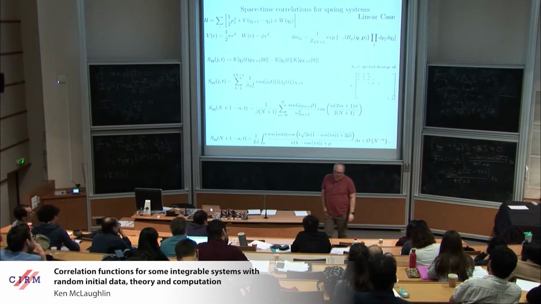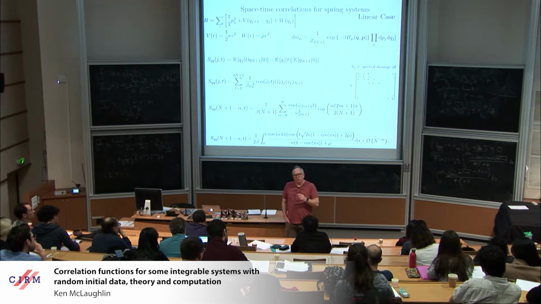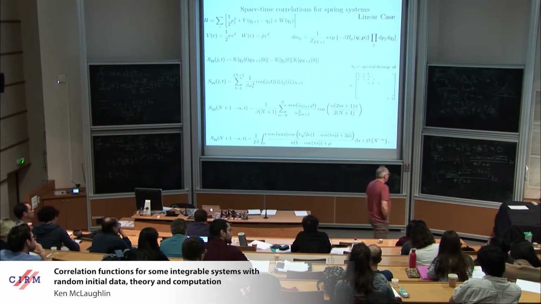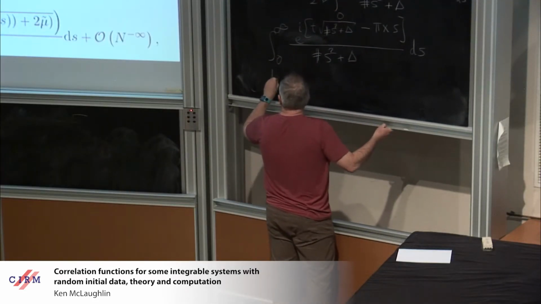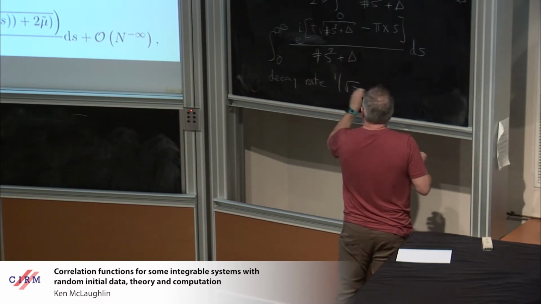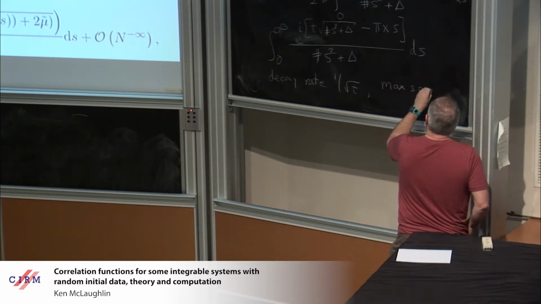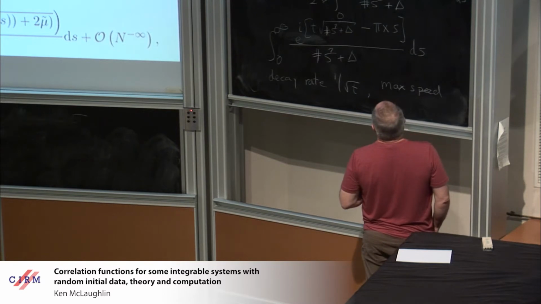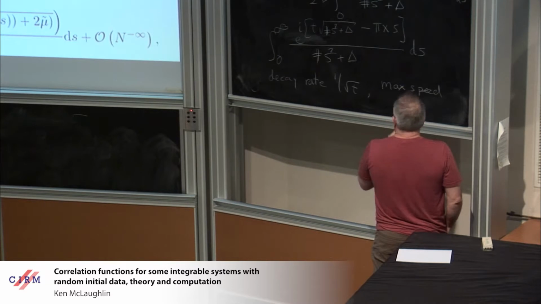So steepest descent method applied to this integral shows decay of rate 1 over square root of t. And it shows a propagation speed and sort of a maximum speed of propagation as, okay, now I'm forgetting it.